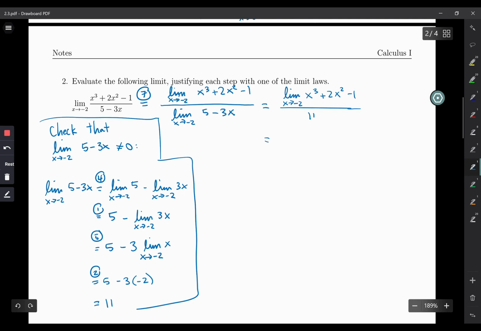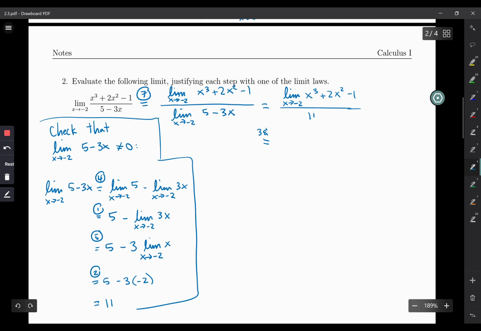Right. Okay, and then we are going to do essentially the same thing for the numerator. I'm going to use both the sum and difference rule at the same time, so I'm just going to write 3 and 4. Well, maybe I shouldn't write it plus because that makes it seem like it's 7.